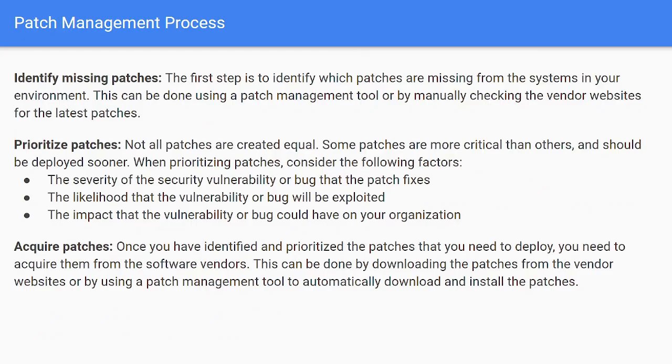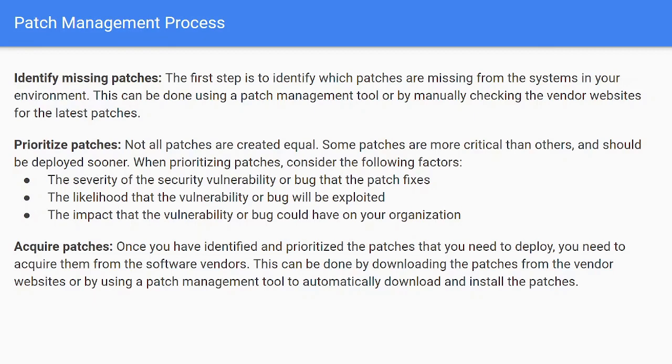All right. So, what is the patch management process? Number one, identify missing patches. The first step is to identify which patches are missing from the systems in your environment. This can be done by using a patch management tool or by manually checking the vendor's website for the latest patches.